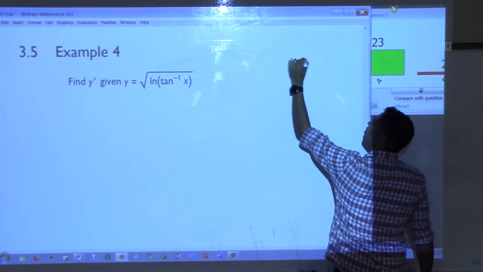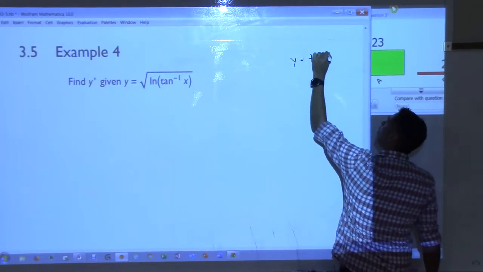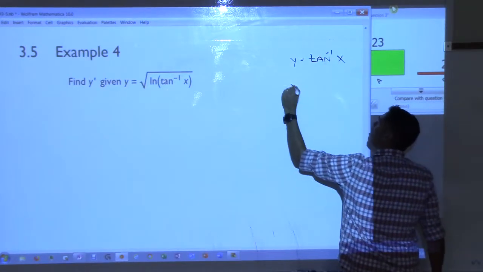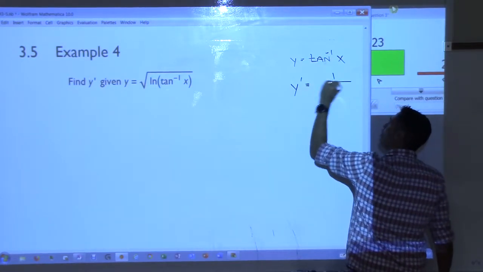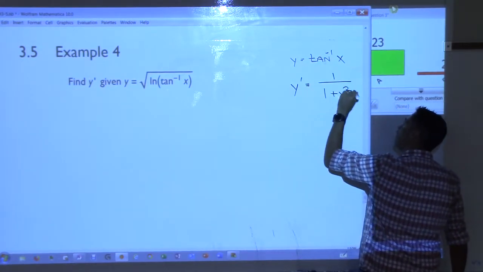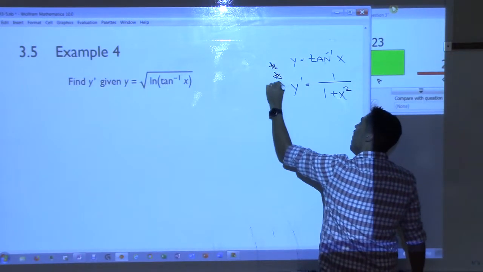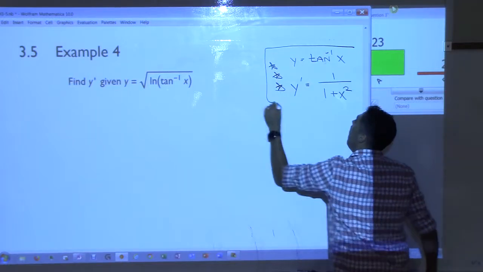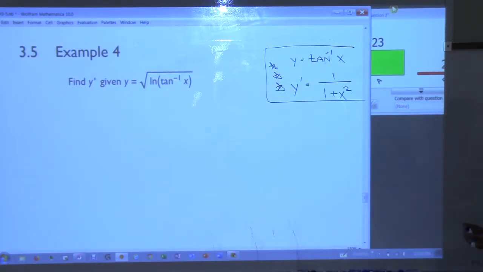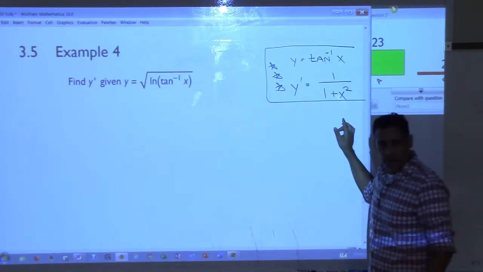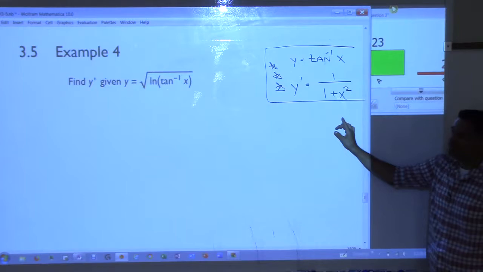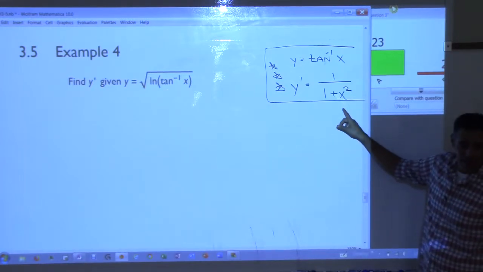If y is equal to arctangent of x, the derivative of that is 1 over 1 plus x squared. Put several stars next to that one. This is going to come up a lot.